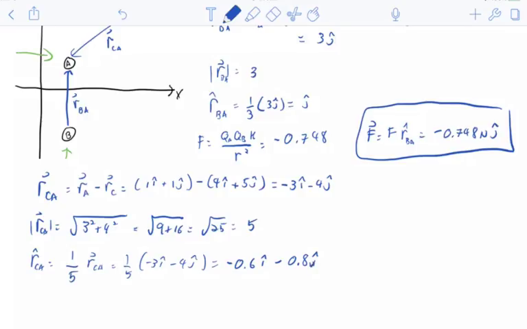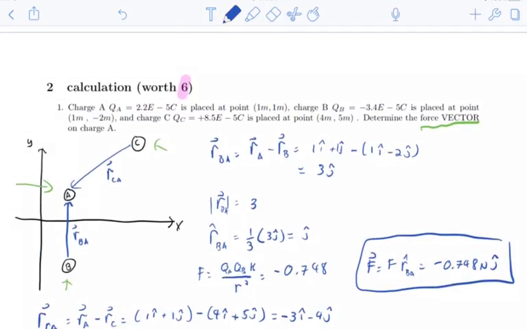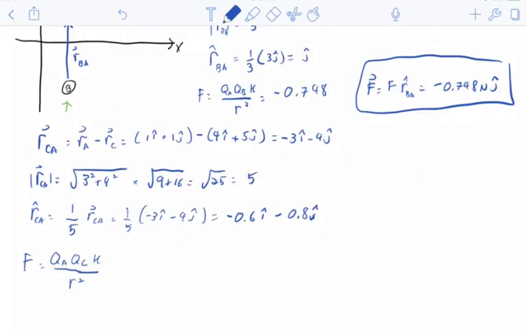Alright, the next step is to figure out the force. QA QC times K over R squared. Alright, so QA is 2.2 E minus 5, and QC is 8.5 E minus 5, and 9 E9 divided by 5 squared, so that's 0.673 newtons.